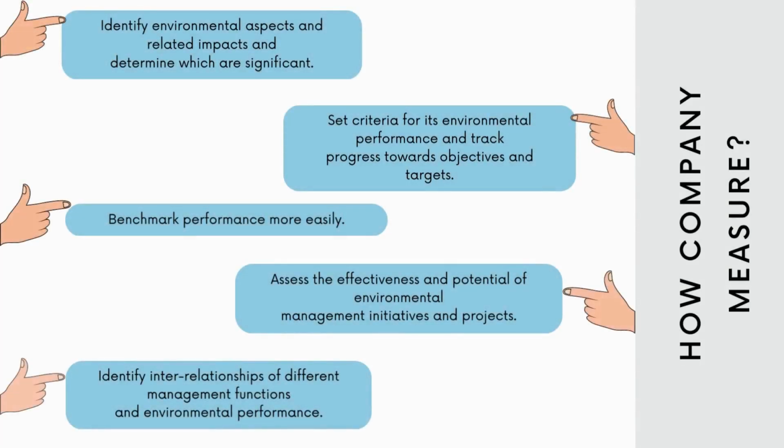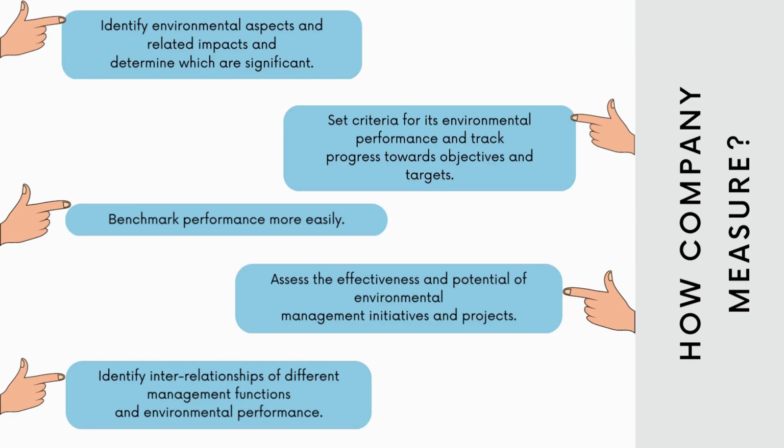How does a company measure? Identify environmental aspects and related impacts and determine which are significant. Set criteria for its environmental performance and track progress towards objectives and targets. Benchmark performance more easily. Assess the effectiveness and potential of environmental management initiatives and projects.